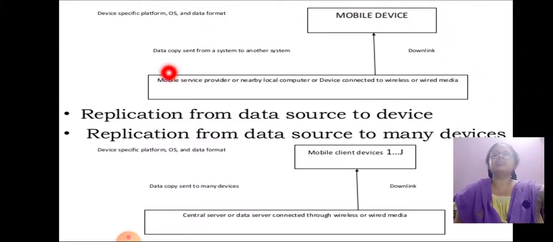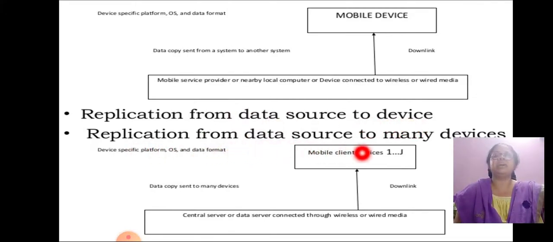Mobile device to data copy sent from a system to another system, and then the mobile service provider or nearby local computer or device connected to wireless or wired media downlinks to the mobile device. Replication from data source to device.